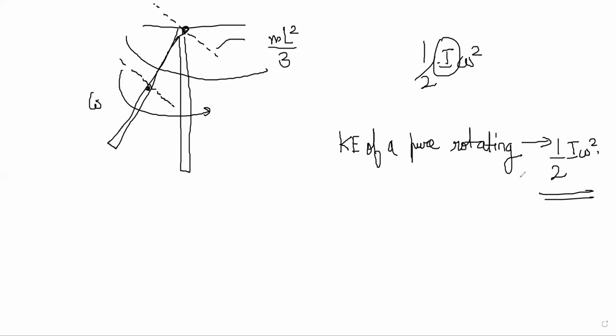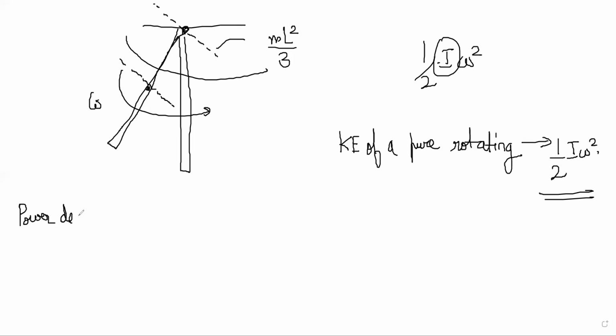For example, the earth is rotating and revolving around the sun. So earth's kinetic energy will not just have a half I omega square about its own poles, but also a half mv square because of the kinetic energy of its translation. Now the next section is power delivered by the torque.